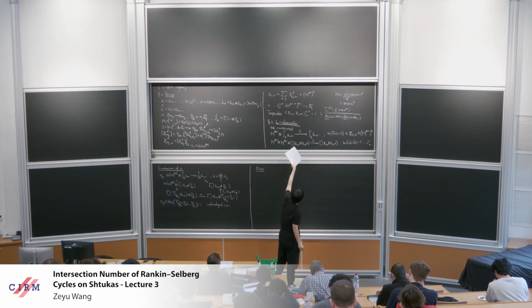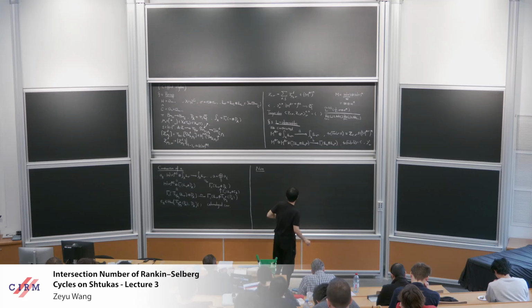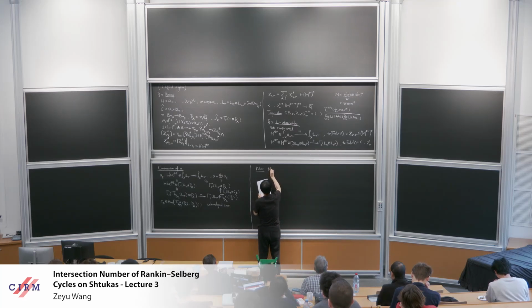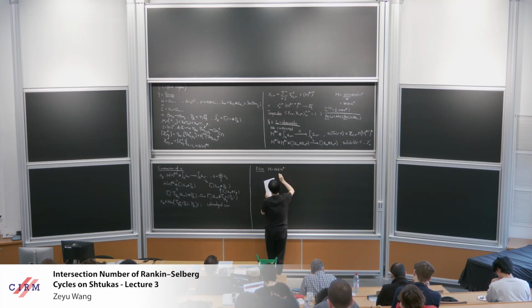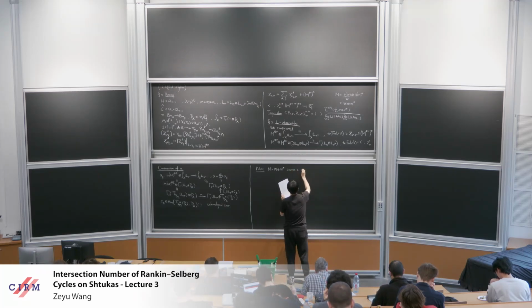So there seem to be two pairings on M. One is given by the intersection pairing, but M itself is W plus W star, so it itself carries a bilinear form. Note that this M is just W direct sum with W star, and it carries a natural quadratic form.